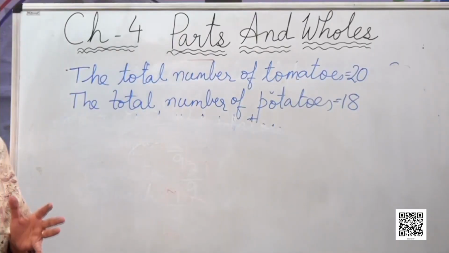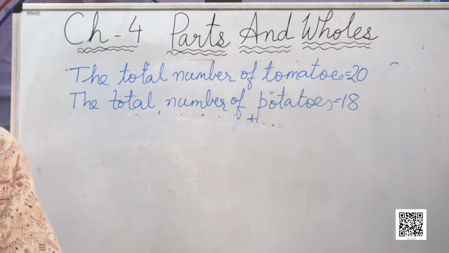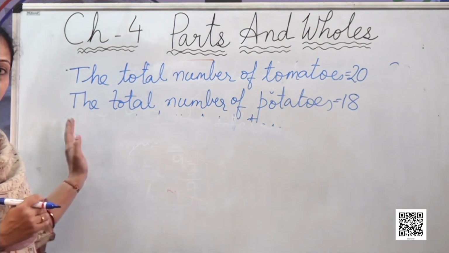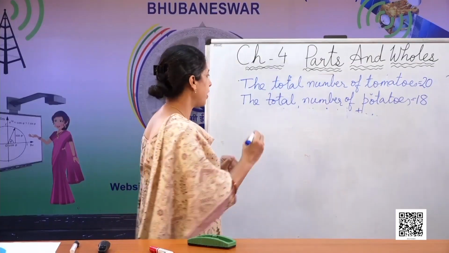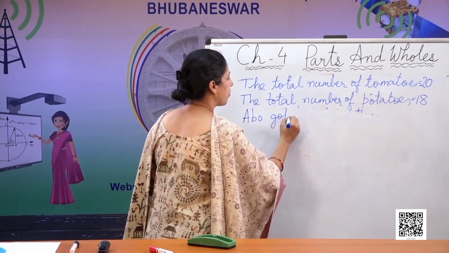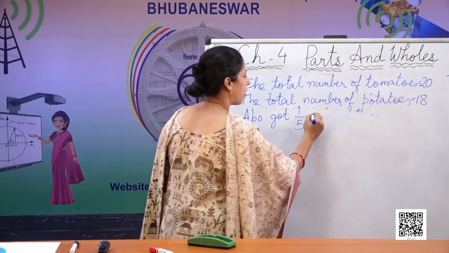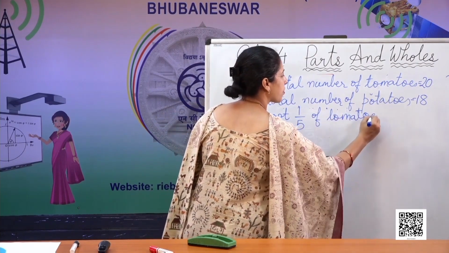So now Abu got 1/5 of these tomatoes. To find out the 1/5 of these tomatoes, first we have to find out the part which he has got. So Abu got 1 part out of 5 parts. That means Abu got 1/5 of tomatoes.